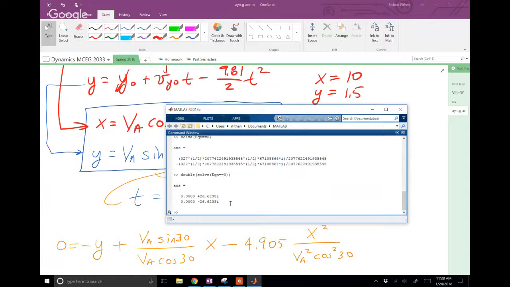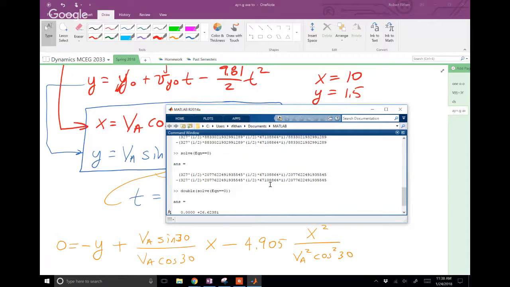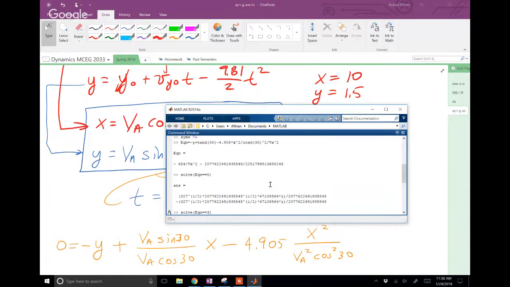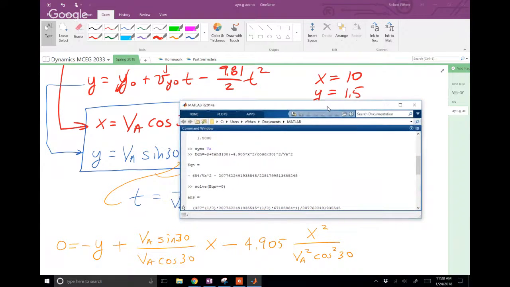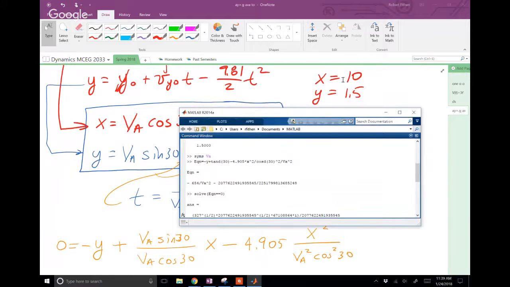Uh-oh. What have I done wrong? Did I type in the equation wrong? Where's my equation? What did I do wrong? X was 10, Y was 1.5.